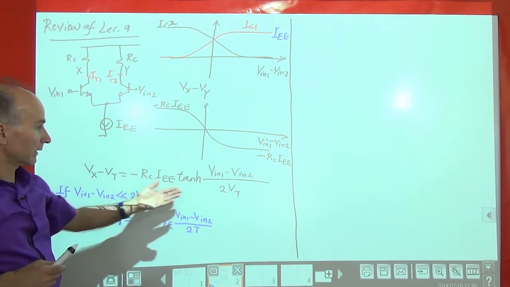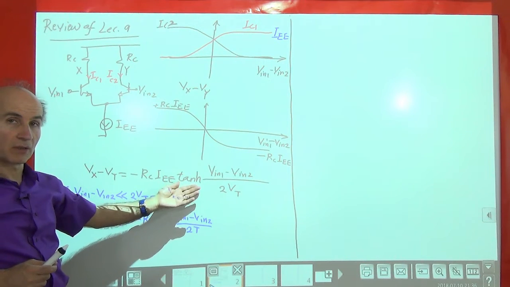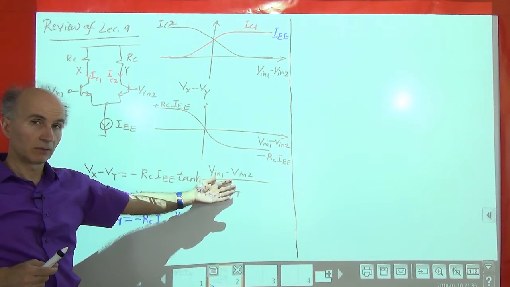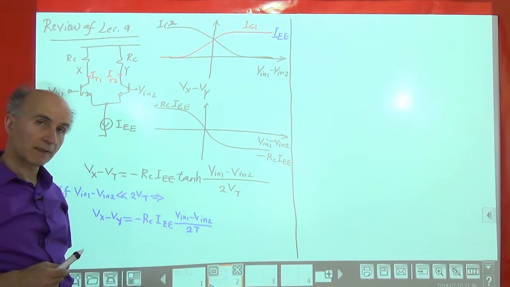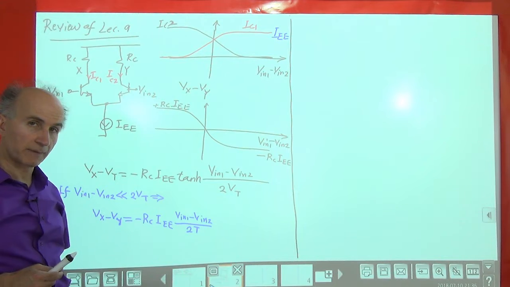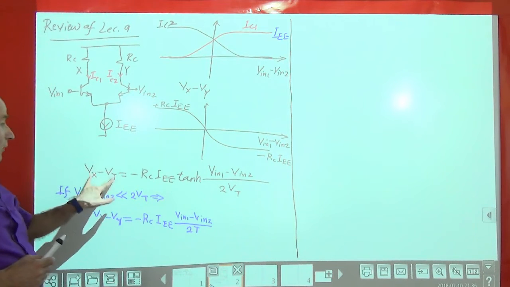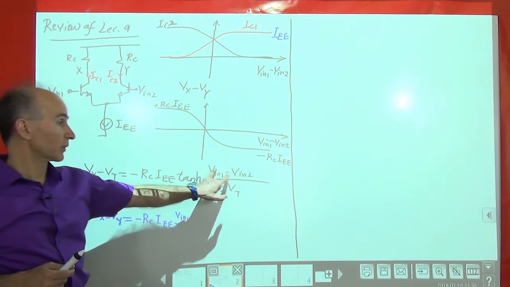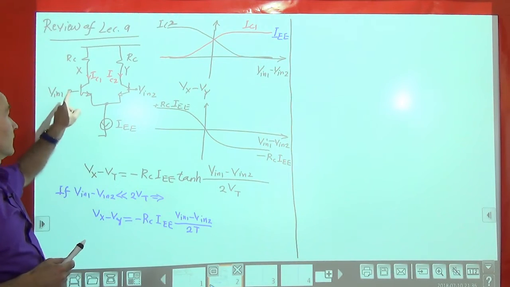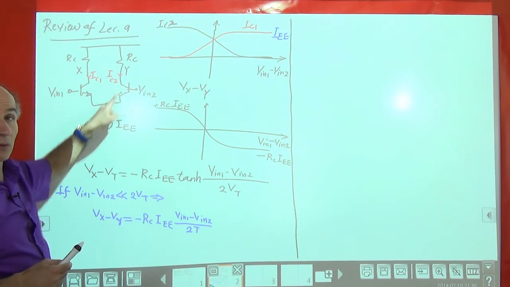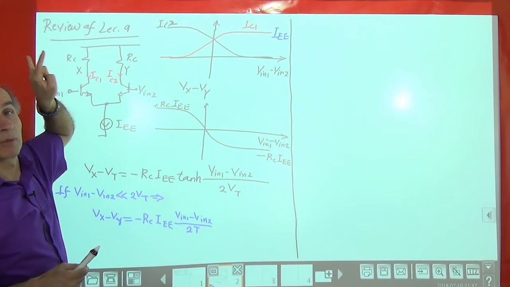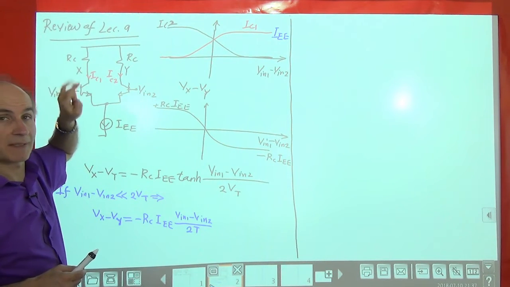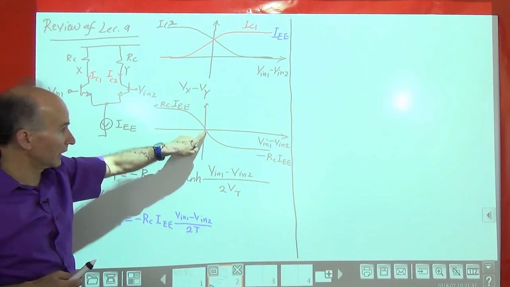We saw that it's a hyperbolic tangent function of Vin1 minus Vin2 divided by 2Vt. Vt is about 26 millivolts at room temperature. So a zero differential input gives us a zero differential output. We can see this because with a zero differential input, the two currents are equal, Vx and Vy are equal, and the difference between the two outputs is zero. So we are here.